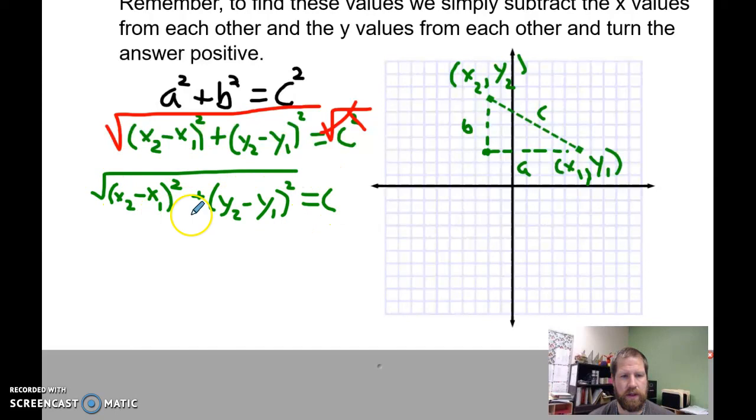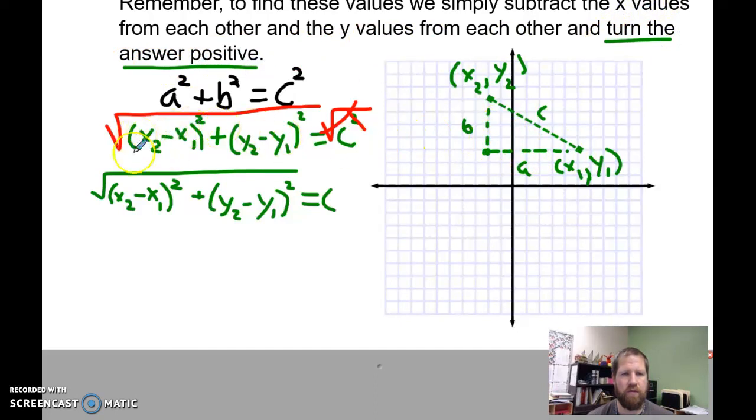It looks really complicated, but it's actually going to be much easier than trying to figure it out separately and then putting it into the Pythagorean theorem. You might remember that when we were doing our subtraction on these, we had to turn the answer positive.